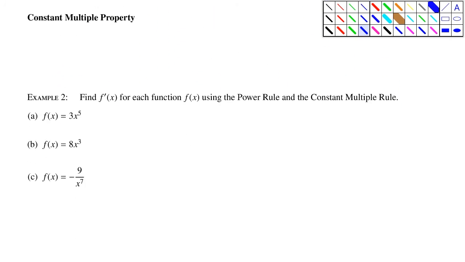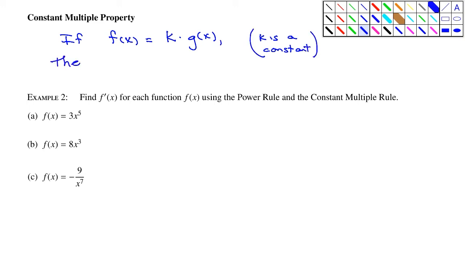Next is the constant multiple property, and it says the following. If f of x is equal to k times g of x, and this k is a constant, that means it's a number, then the derivative, f prime of x, is equal to k times the derivative of this other function, g prime of x.